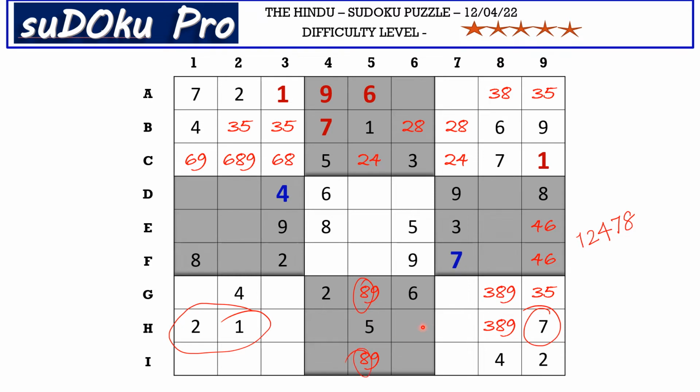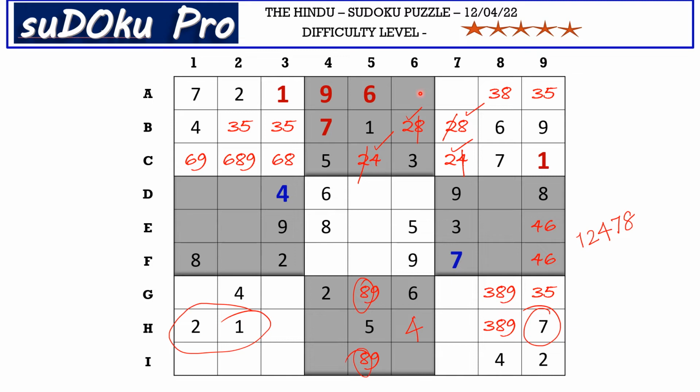That means H6 will take 4. Now this 4 blocks these two cells, so C5 will take 4, so let's cancel out 2. C5 is now 4. That means C7 is 2 and B7 is 8 and B6 is 2.